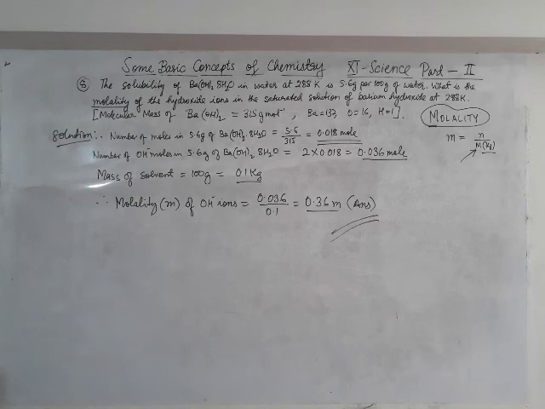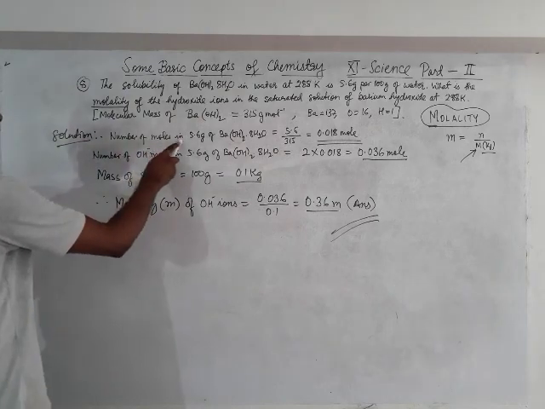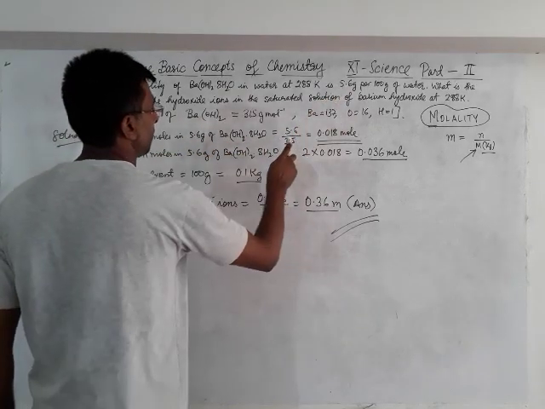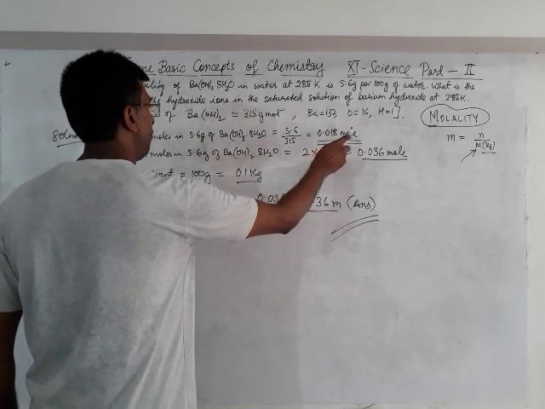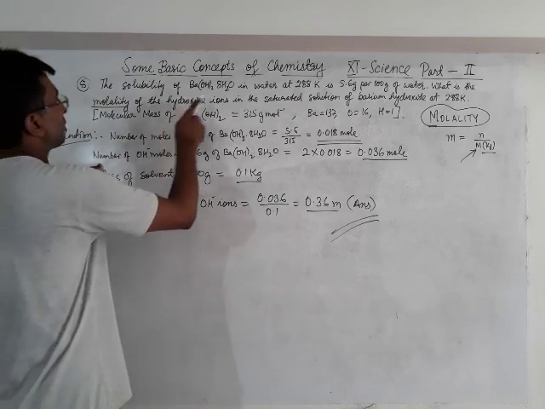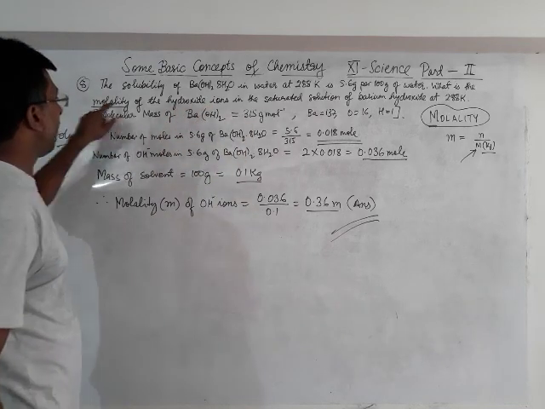Number of moles in 5.6 grams of barium hydroxide crystal is obtained by dividing 5.6 divided by 315. That is coming to 0.018 mole. Now the question is talking about hydroxide ions. Molality of what? Hydroxide ions.